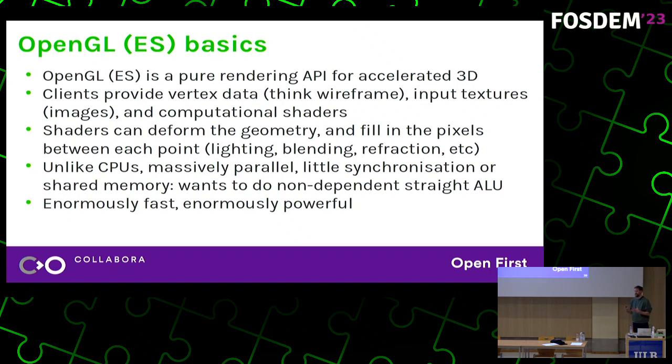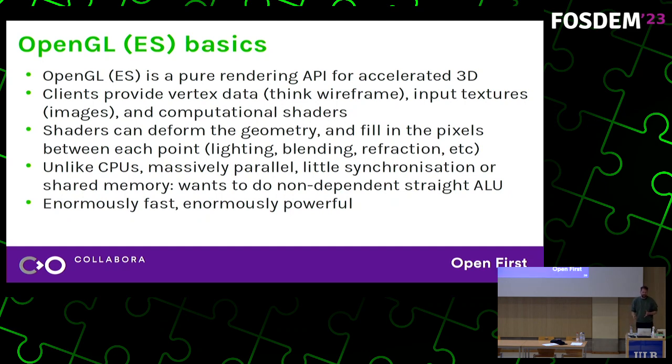Shaders can deform the geometry, so you can do cool stuff. You can also do things like lighting per pixel and do that in a nice reflective way that's all computational.